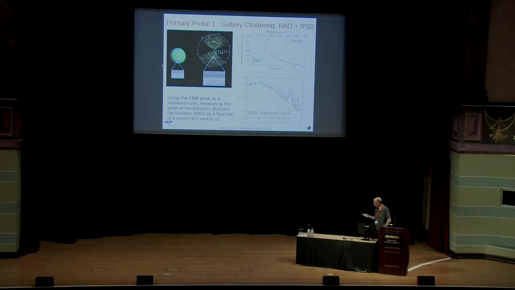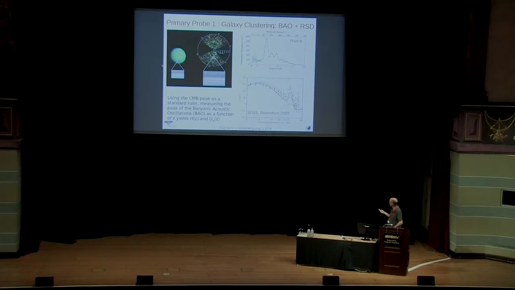So by measuring this scale on the galaxy distribution at different redshifts, you get the angular diameter distance as a function of redshift, together with the Hubble constant as a function of redshift.